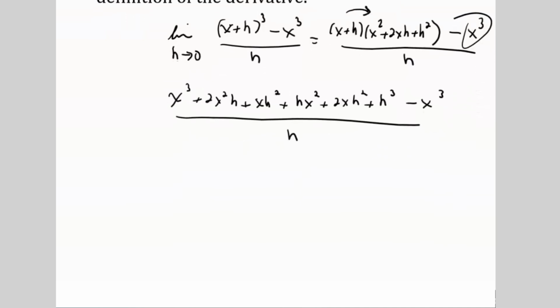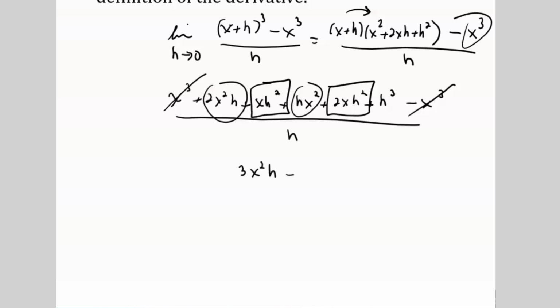Okay, so let's combine like terms up here. My x cubes are gone. I've got a 2x squared h and a 1x squared h, so that's going to be 3x squared h. And I have an xh squared and a 2xh squared, so that's going to be 3xh squared, and then plus my h cubed, divided by h.